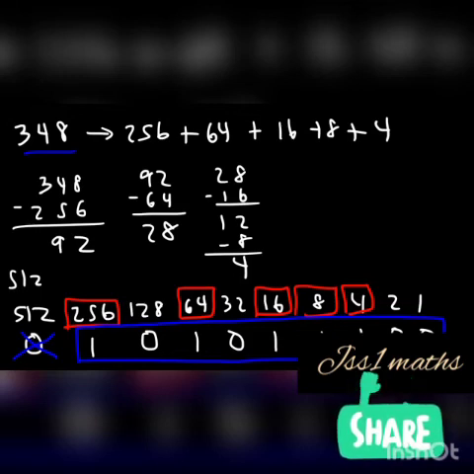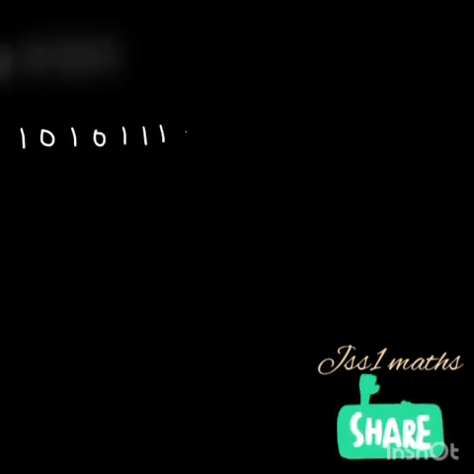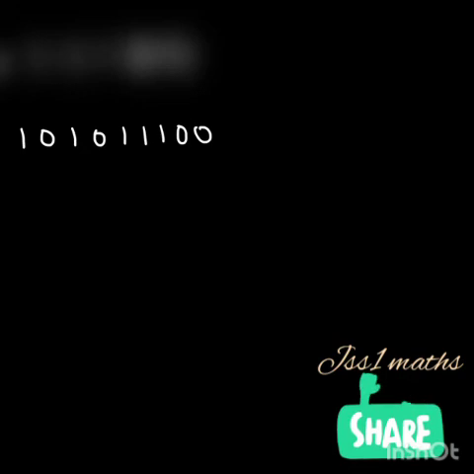1010111100. And so that's another way in which you can convert a decimal number into a binary number using subtraction. Now, once you have this binary number, you can easily convert it into an octal number or into a hexadecimal number.